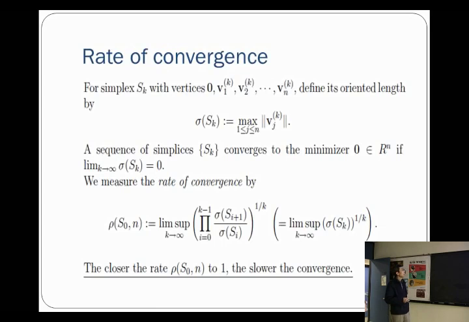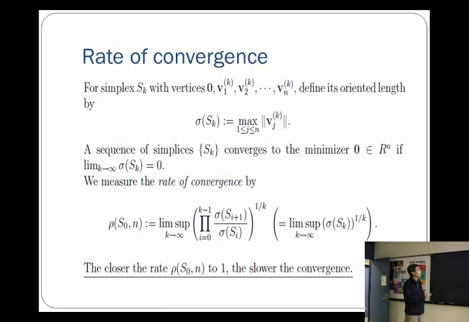Okay, let's define the rate of convergence. At iteration k, we have a simplex Δk. Remember, this is always the best vertex. We have n other vertices for the simplex. And so this is not the diameter. We define what we call the oriented length.